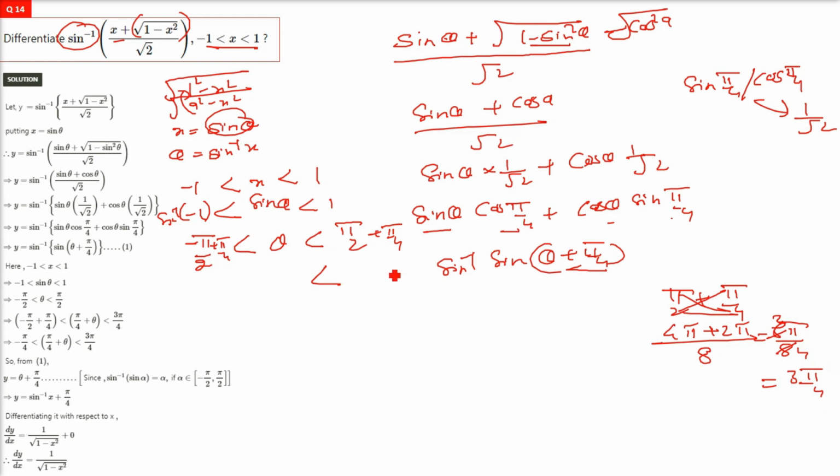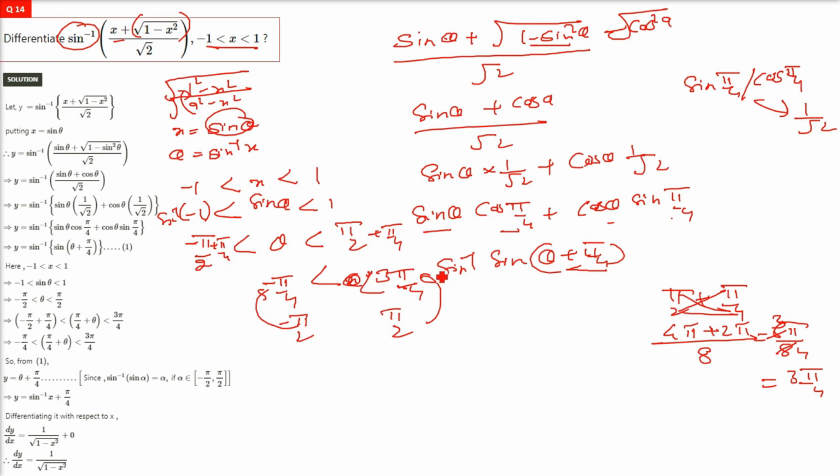Now right here 3 pi by 4. And this is between pi by 4 minus pi by 2 is of course minus pi by 4, pi by 2 is a bigger number. So minus pi by 4 and 3 pi by 4. That is between minus pi by 2 and pi by 2 that we already needed.